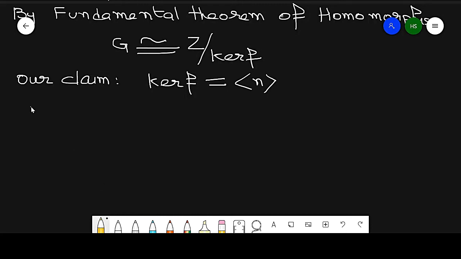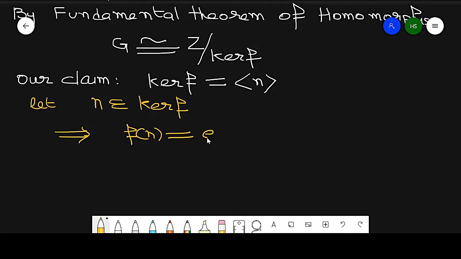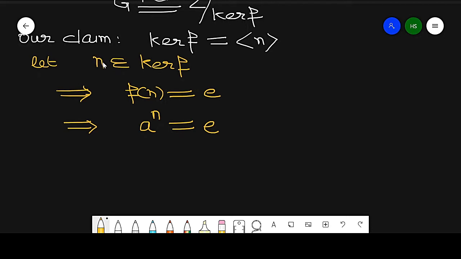So I take some element m belonging to the kernel of f. It implies f of m is equal to identity, and it implies a raised to power m is equal to identity. This is an m element.